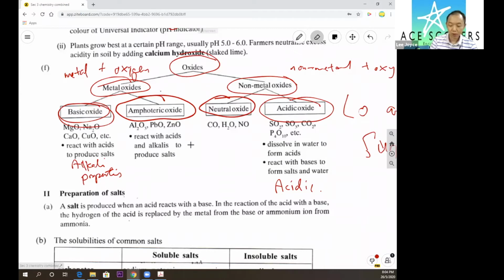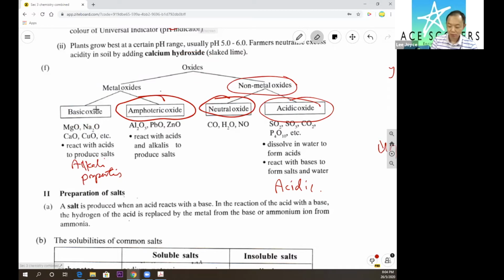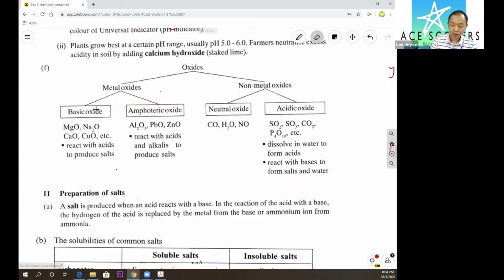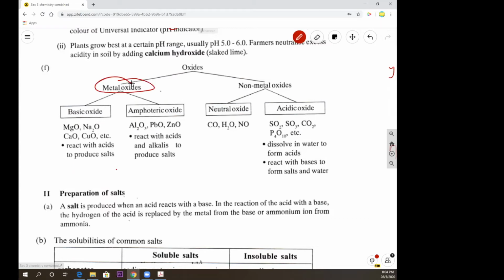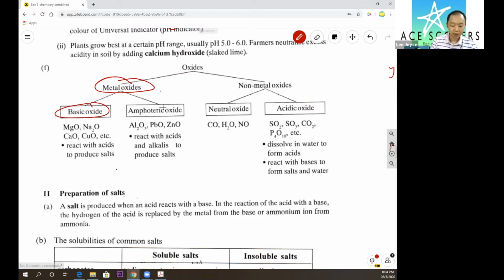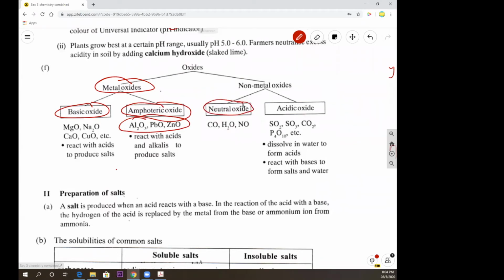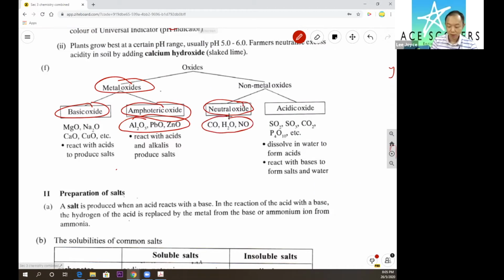So now what do you need to memorize? Here you just need to know that metal oxides are basic, and the amphoteric oxides are these few chemicals. Neutral oxides are only those that I circle: CO, H2O, NO. Acidic oxides are the non-metal oxides.